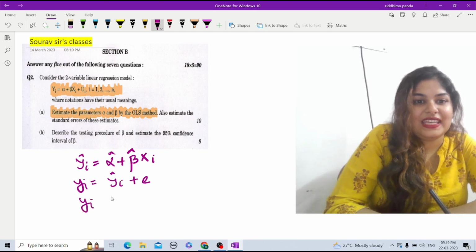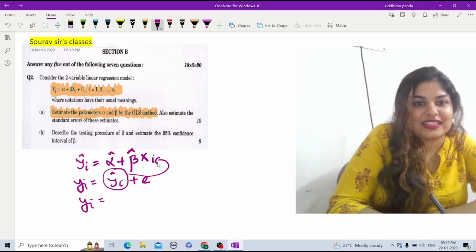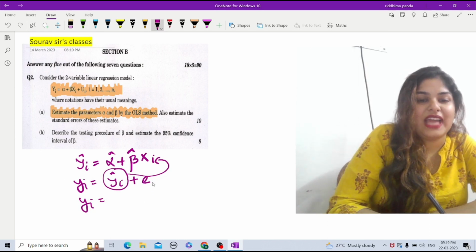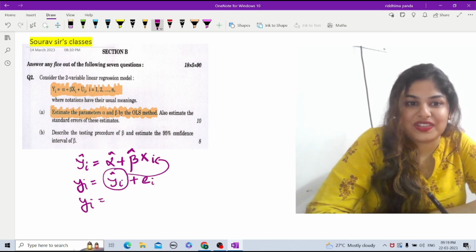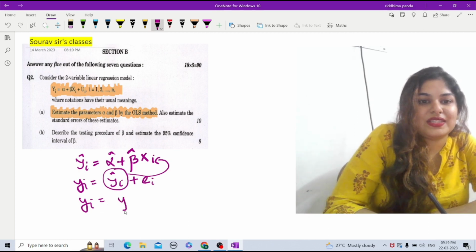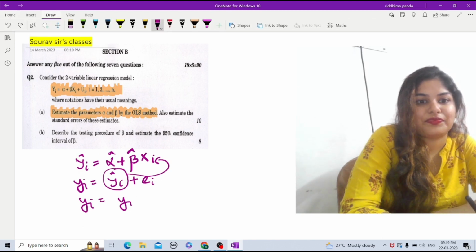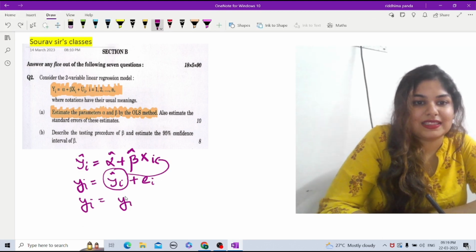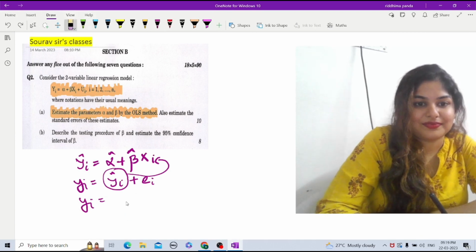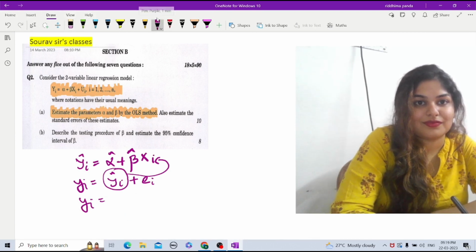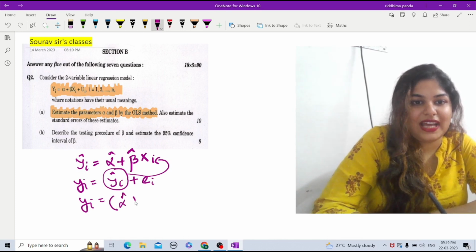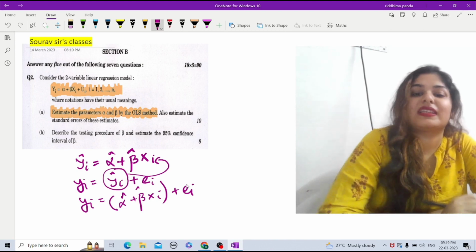So yi equals alpha hat plus beta hat xi plus ei.